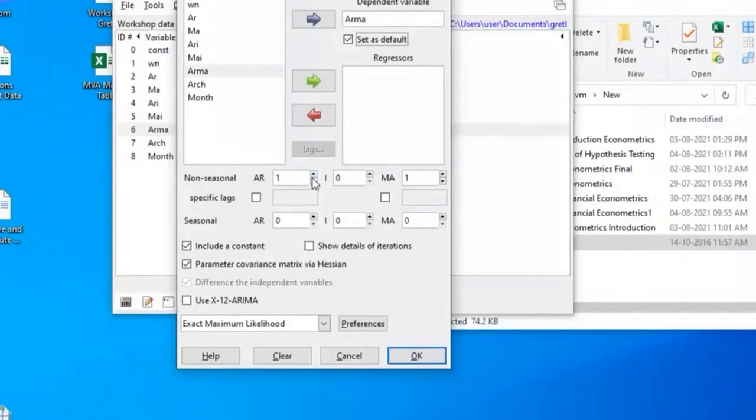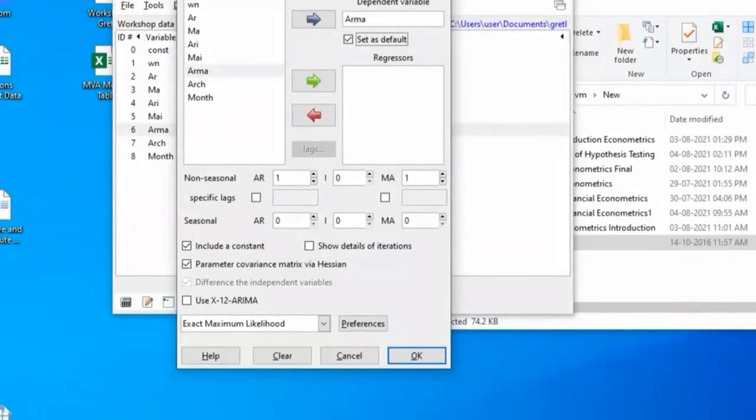If we have high frequency data, quarterly or monthly and so on, then we have to consider the seasonal terms also. Now, whether it is an AR1 process or MA1 process or MA2, AR2, ARMA11, ARMA12, we do not know. So all these cases we have to estimate.